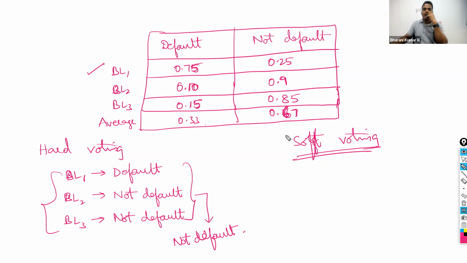Agree? Okay. Now in soft voting, it will take an average, and we look at which class has the highest probability. Not default. So the final result will be not default. Making sense? That's how hard voting and soft voting works. Okay. All right.